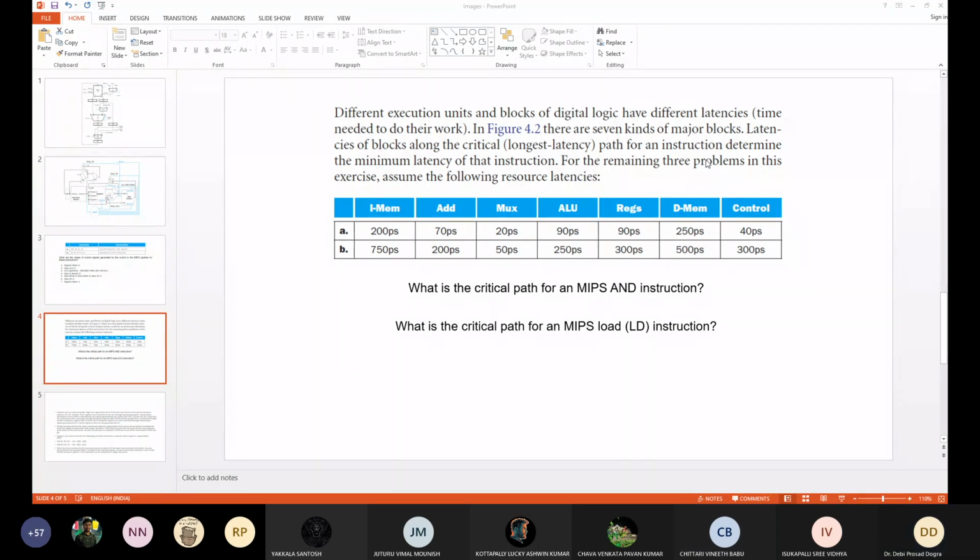Present, sir. 54 Jyoti Priya. 55 Dinesh. Present, sir. 56 Dhruv. Present, sir. 57 Kishore. Present, sir. 58 Vinayak. Present, sir. 59 Sujatha.